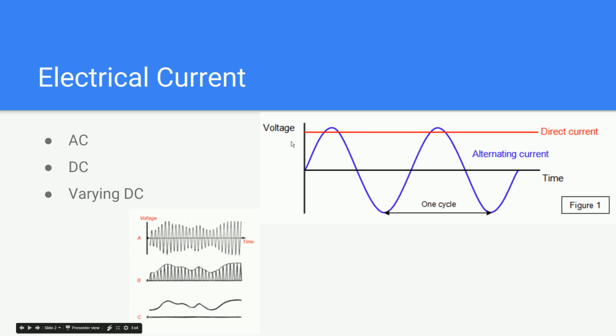DC voltage is just a voltage in a straight line in one direction, unchanging. This is what you get from batteries or the 12-volt port in a car or stuff like that. And then varying DC is once again traveling in one line, but its voltage is changing.